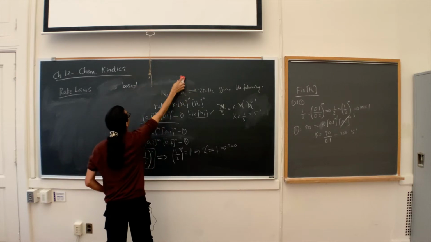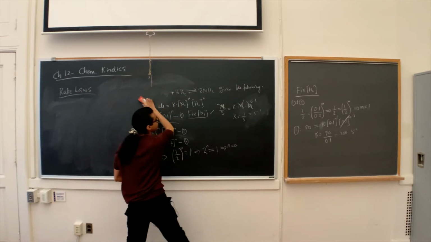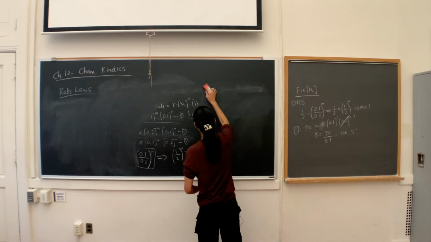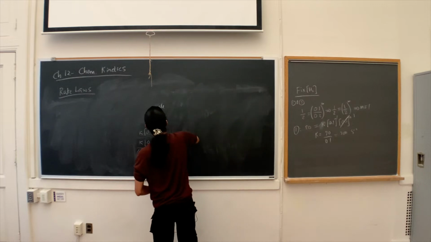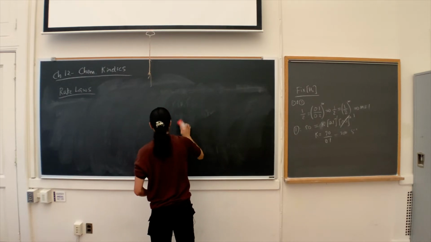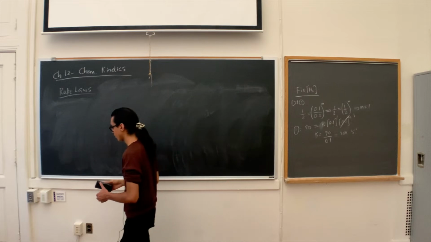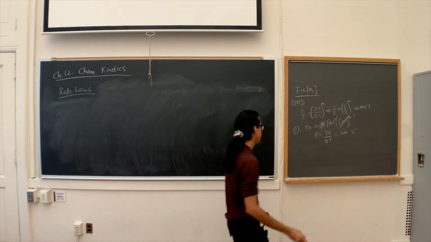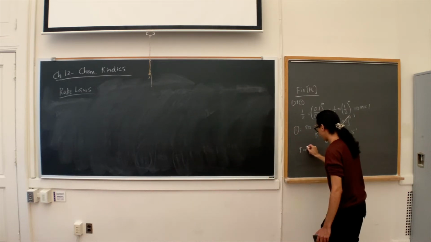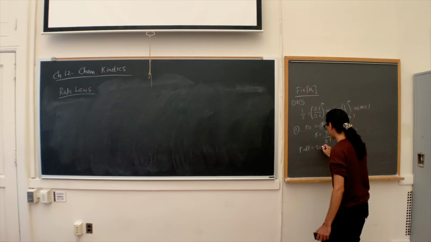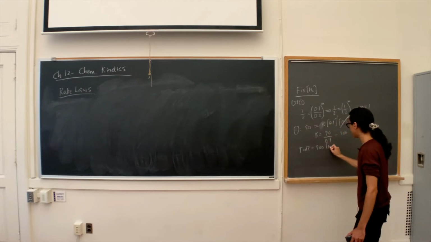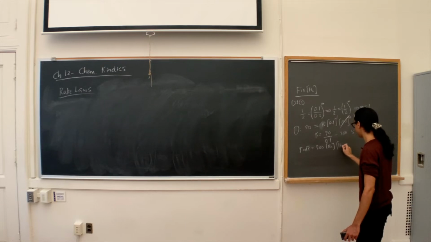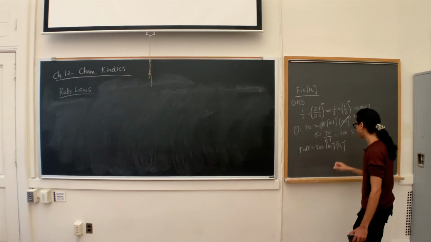Let me actually make up another question based on that question that you asked. So the final answer would be like, rate equals 200, which is K, concentration of N2 to the power of M, which is 1, concentration of H2 to the power of 0.